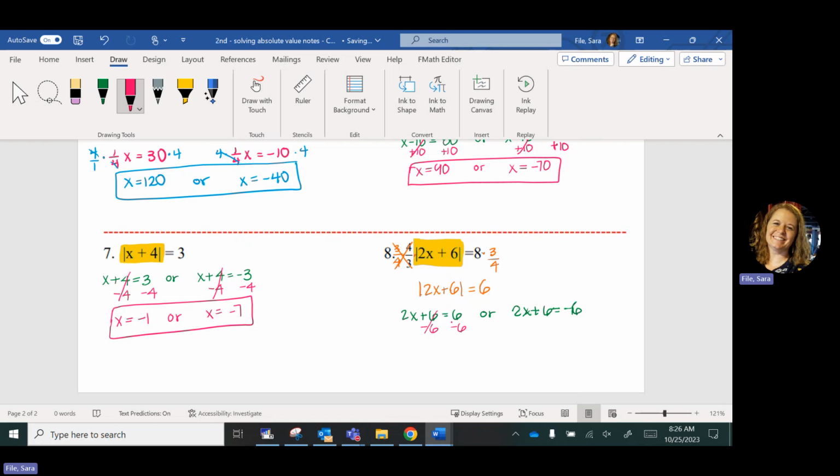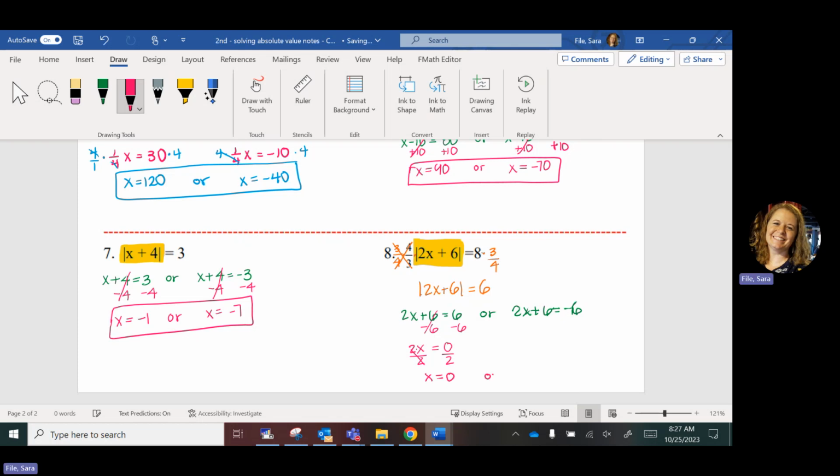Okay. And again, I've been working the two equations at the same time. I'll show this one. I'm just going to work one at a time, and then I'll go work the other, and you can decide which you prefer. So 6 minus 6 is 0. Then I need to get rid of that times 2 by dividing by 2. I get 0.